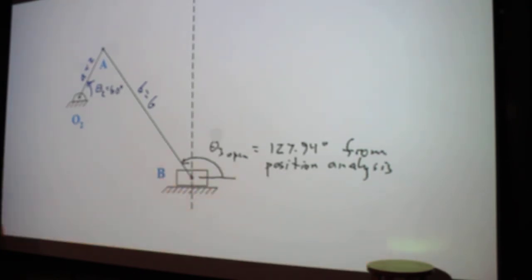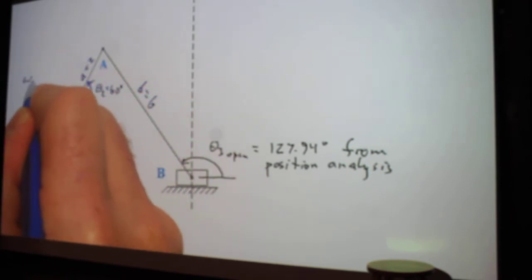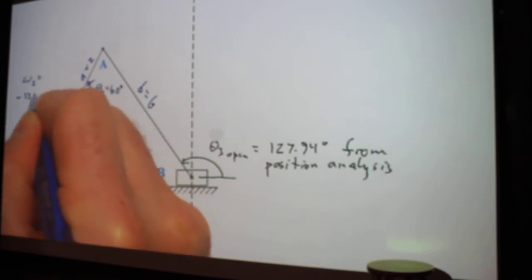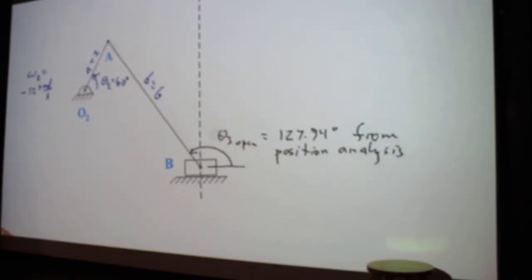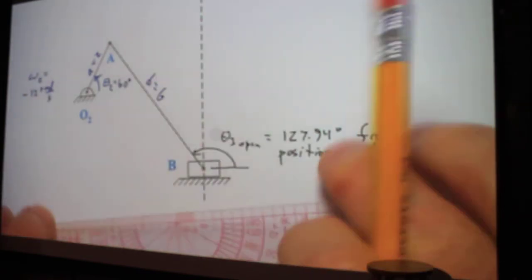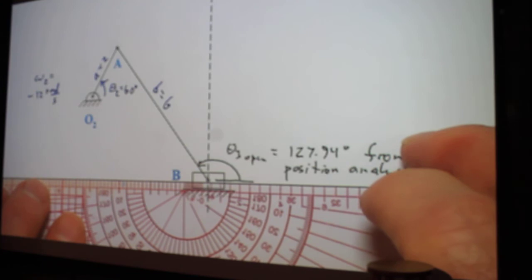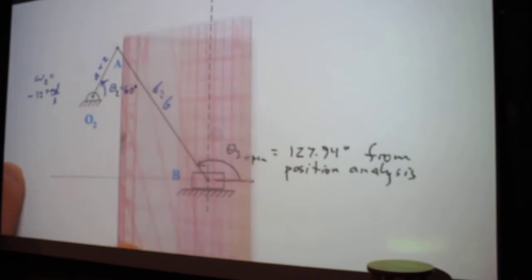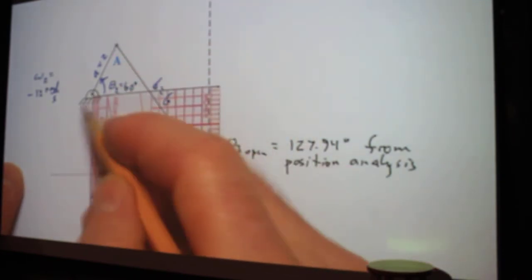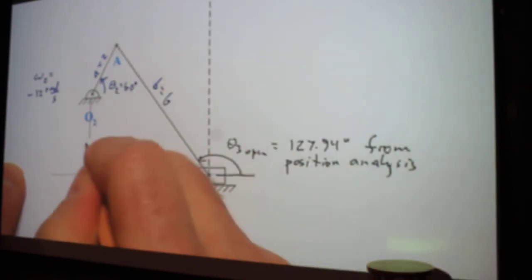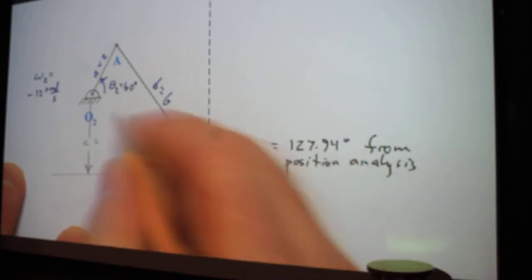Your omega 2 is given to you as minus 12 radians per second. And your C offset here, that was also given to you in the problem statement. That was equal to minus 3.